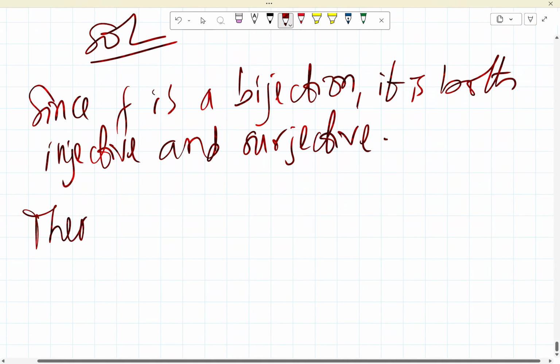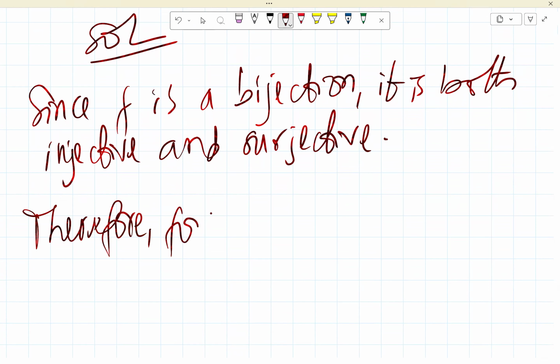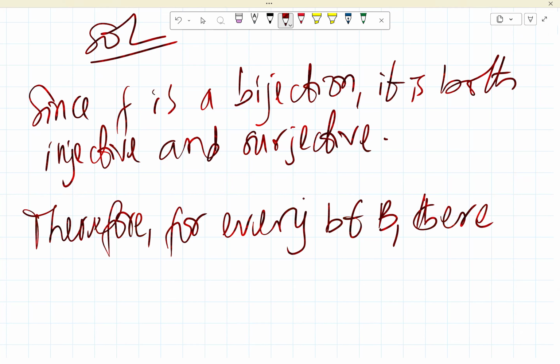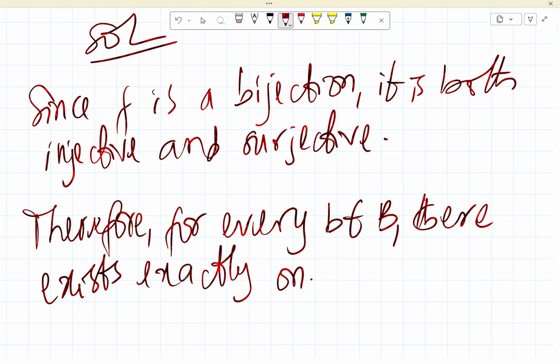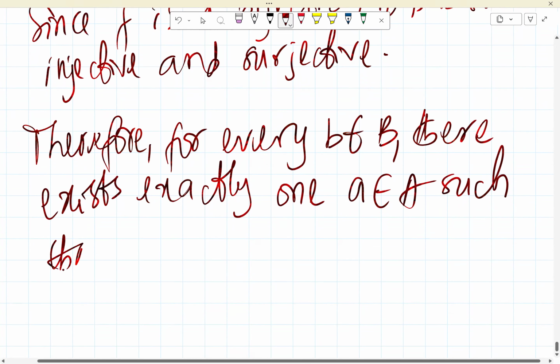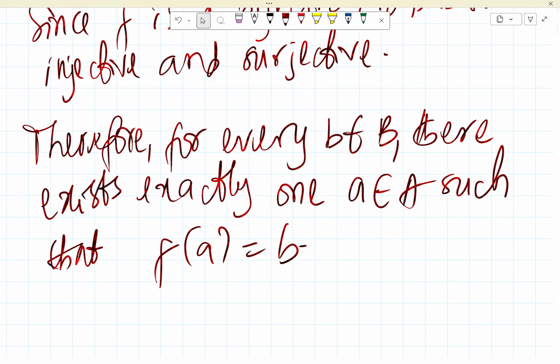Therefore, for every b belonging to B, there exists exactly one a belonging to A, such that F of a is equal to b, like this.